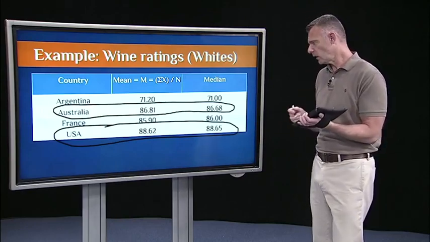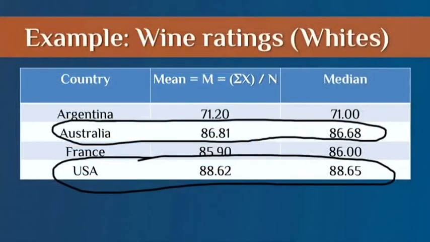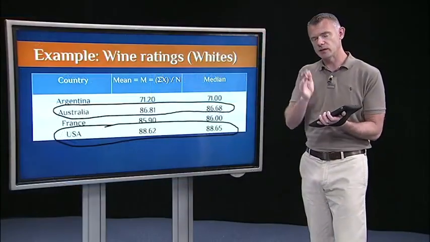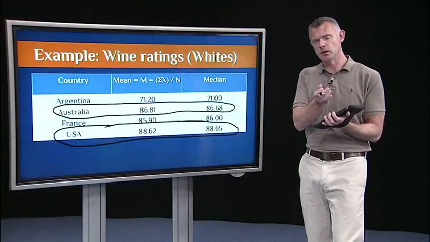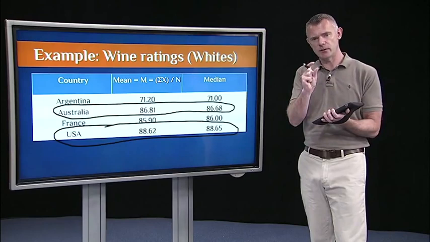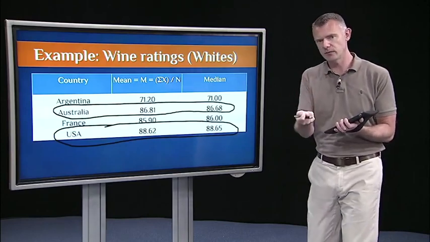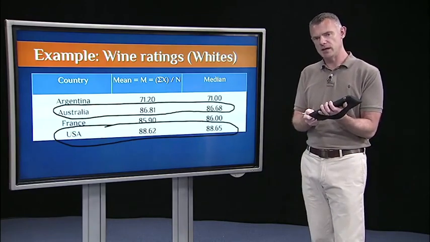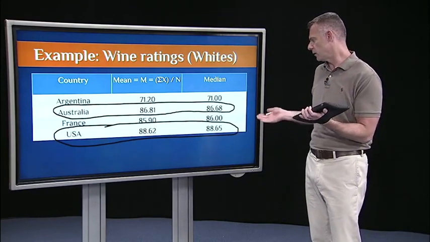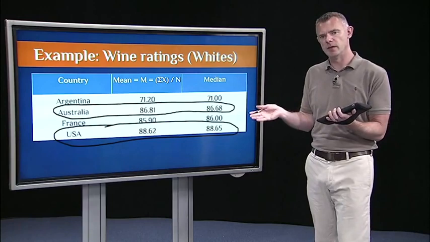The opposite is true in the US white wine rating distribution. So in that case, there was a slight negative skew. So those extreme negative ratings are going to have less of an influence on the median. So here, the median is going to be slightly higher than the mean.